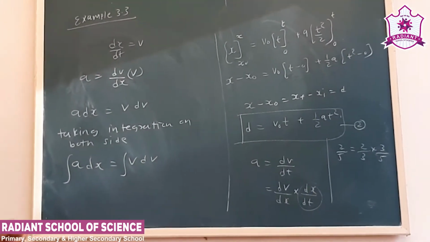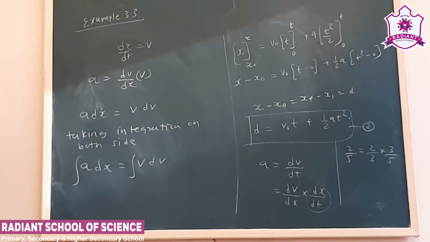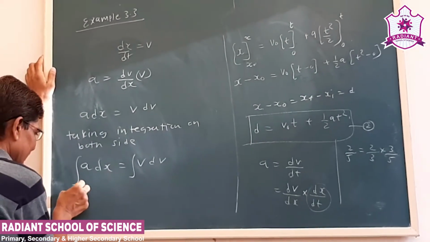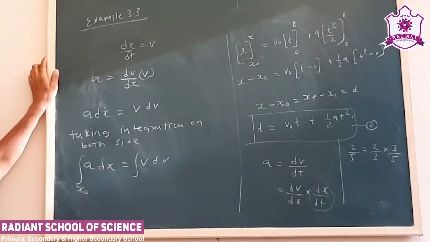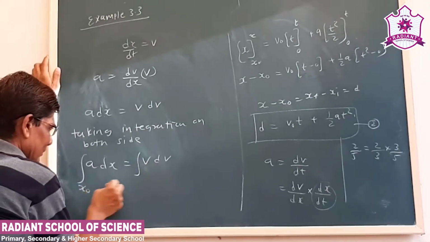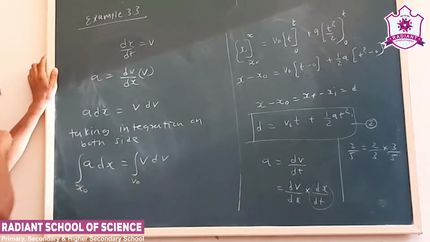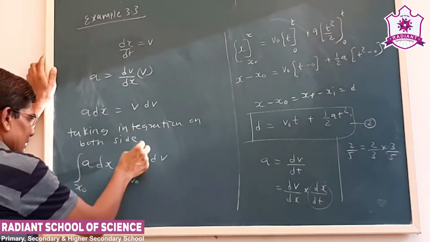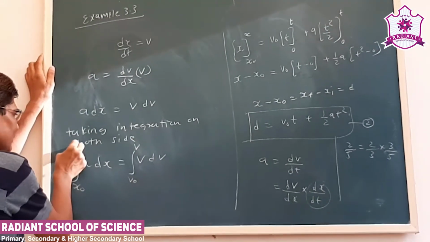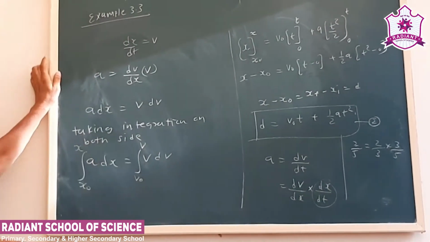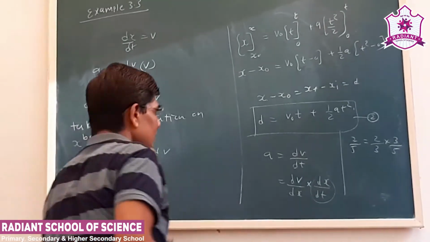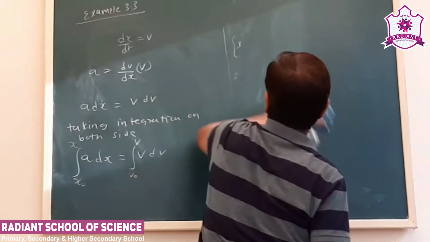Now here we are taking integration with respect to x, so the limit of integration x0 is the initial position. At that time the velocity of the object or the particle is v0. At a later time the velocity is v, and the final position will be x. Now we have seen the rules earlier.